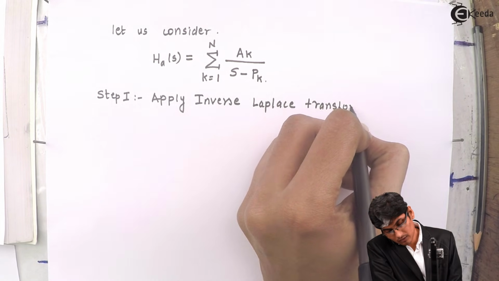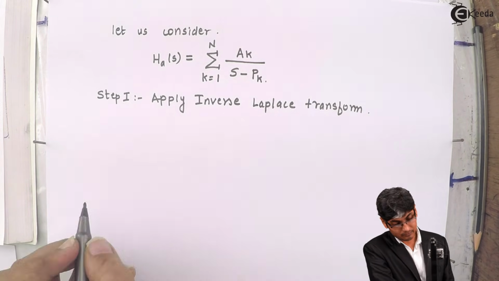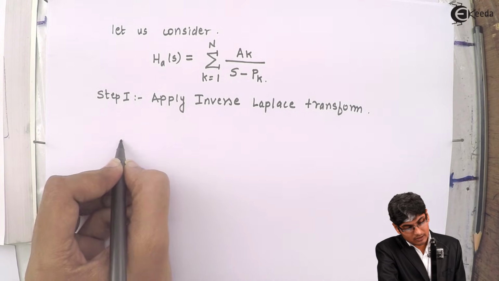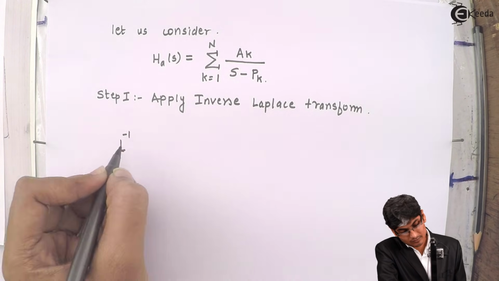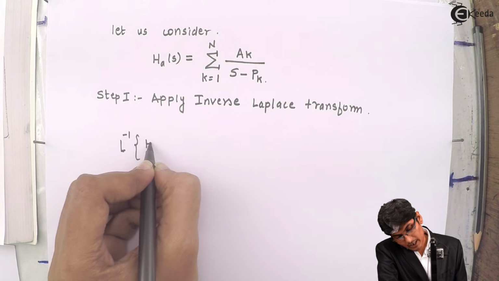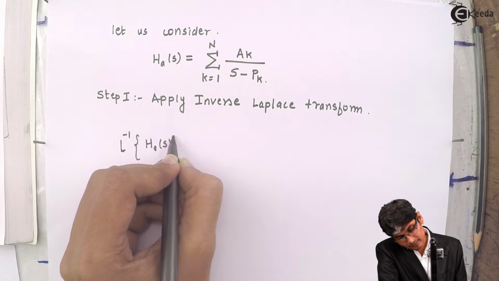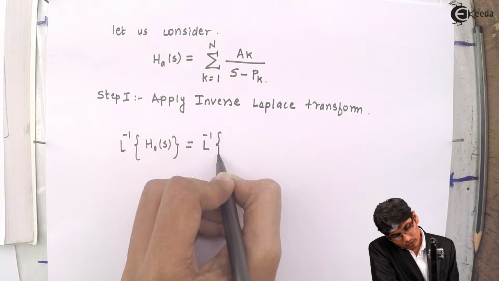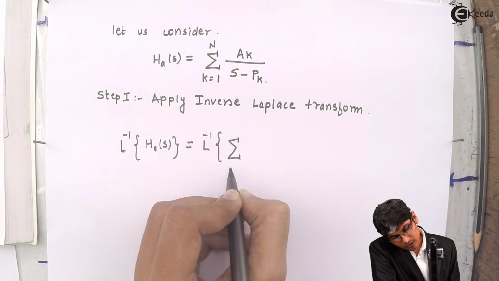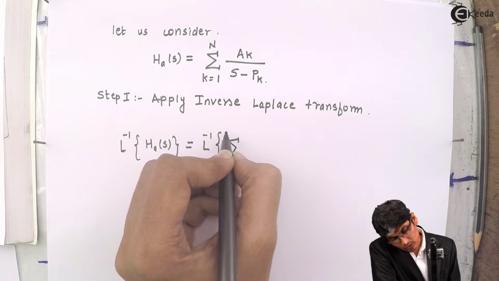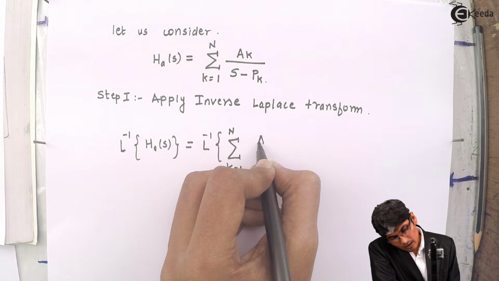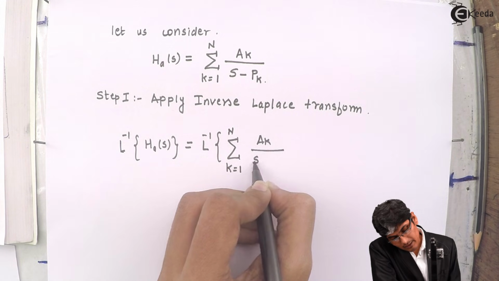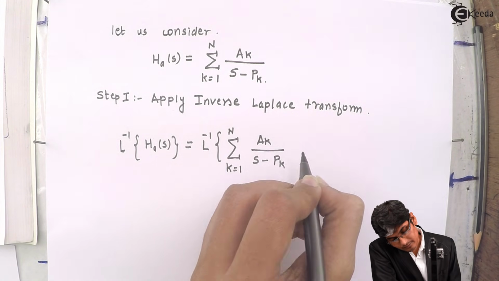So I will have Laplace inverse of HA of S, which is nothing but Laplace inverse of the summation going from k equals 1 to n of A k divided by s minus p k.